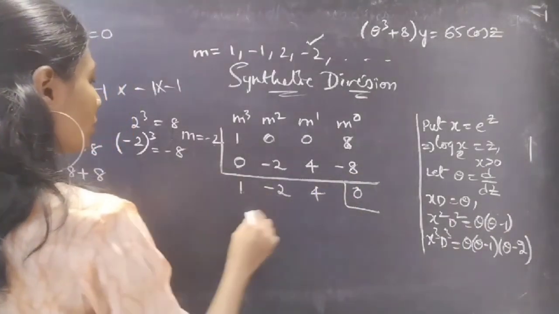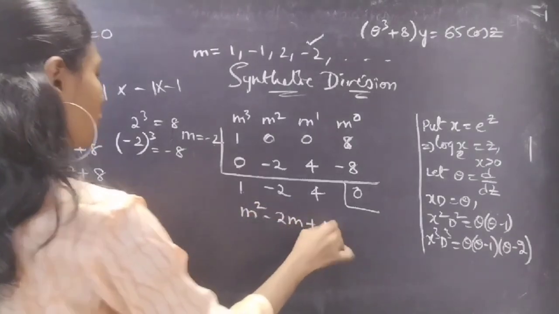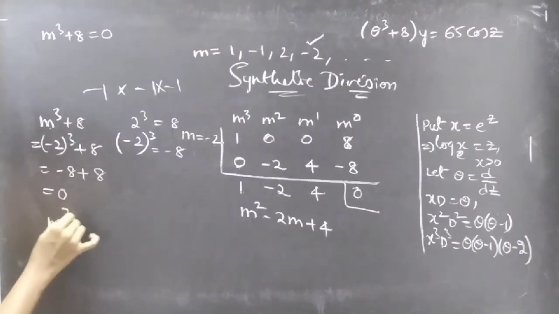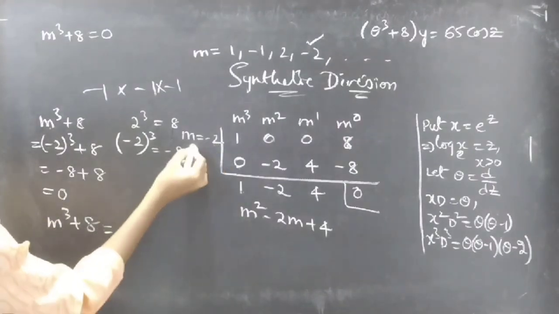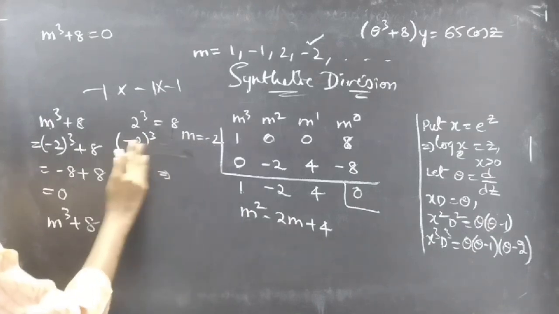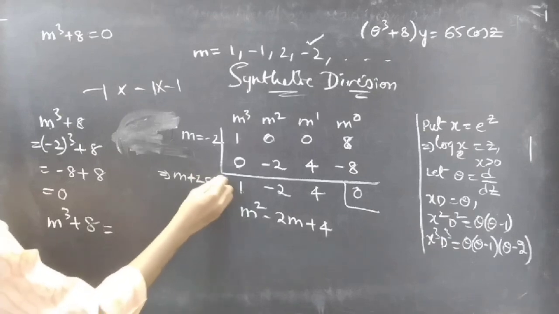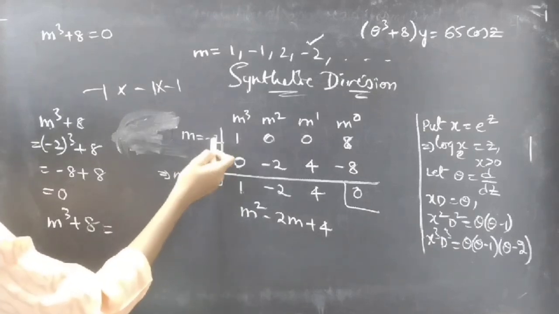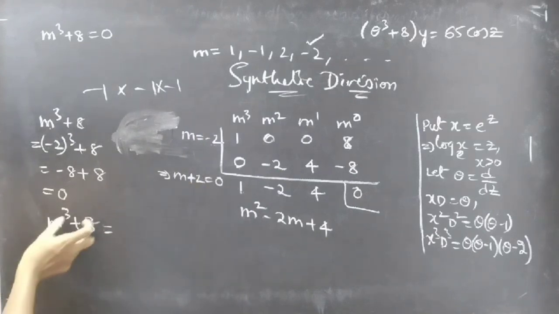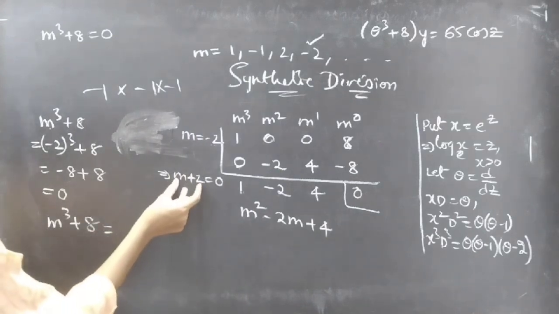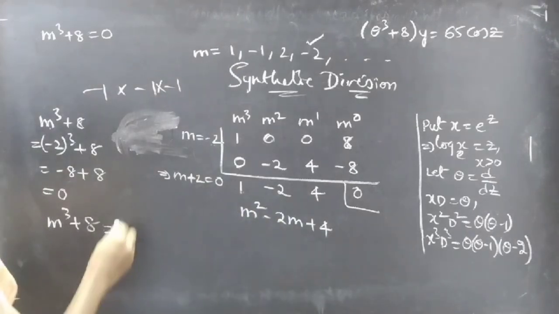This gives the polynomial m² − 2m + 4. From m = −2 we get m + 2 = 0; bringing the −2 to the left side. Now we can write m³ + 8 as the product of (m + 2)(m² − 2m + 4).